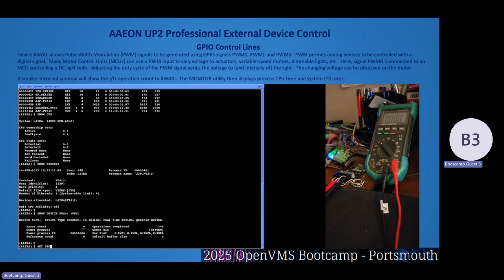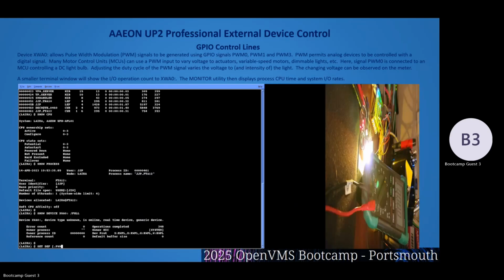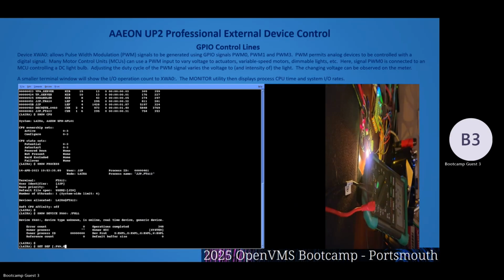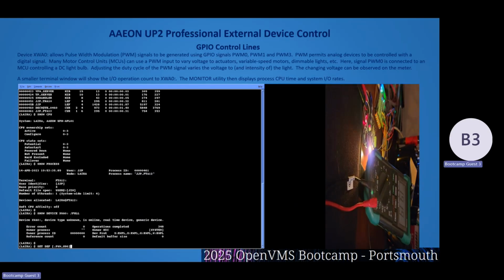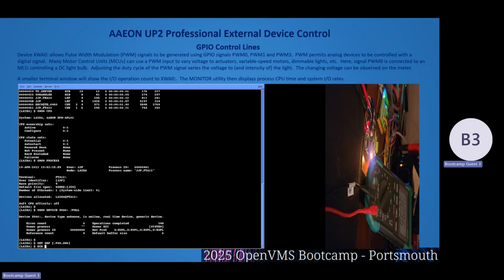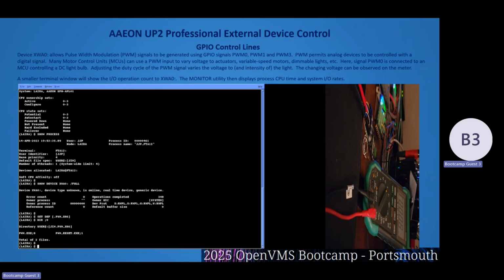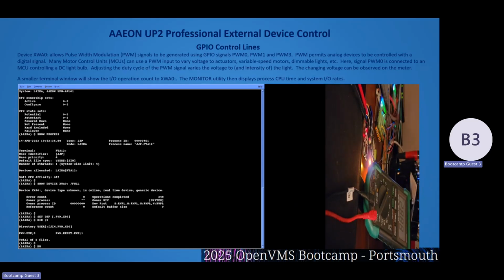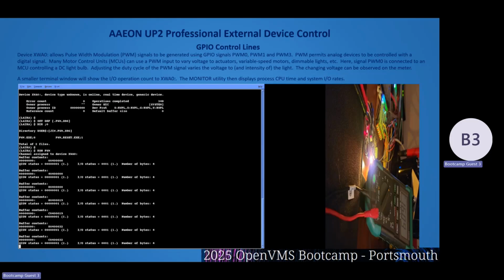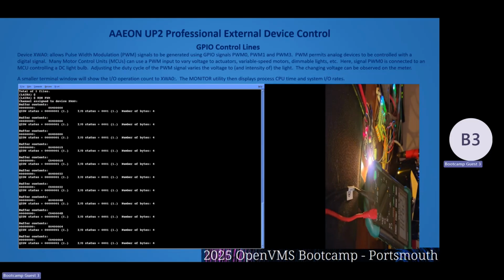So when this guy actually runs, you're going to see the light intensity. At first it starts all the way up and then it ratchets down. And if you look at the multimeter here, again, I don't know why PowerPoint decided to turn this thing sideways. You can actually see that the voltage on the meter is changing. This is live. Well, recorded live anyway.